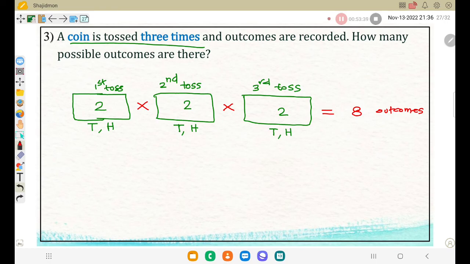Now what are those 8 outcomes we are getting? I will show by tree diagram. Okay, so first toss, then second toss, then third toss. 3 times we are tossing a coin.